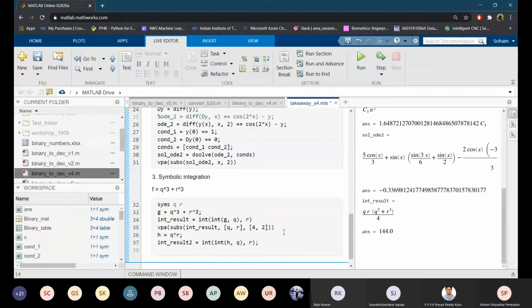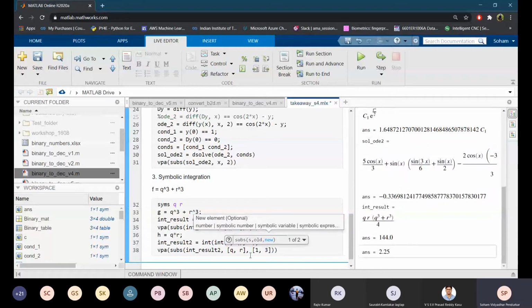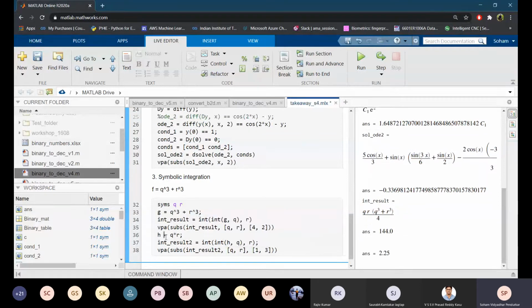Then VPA substitute in result 2, and the values to be substituted are q comma r with values 1 comma 3. This is just for one more example.